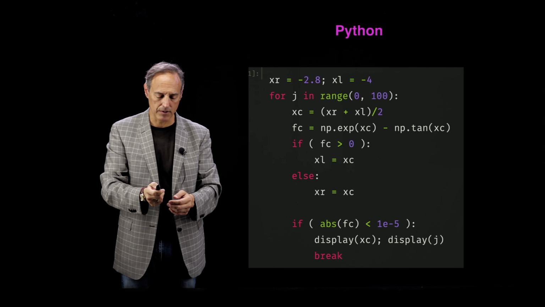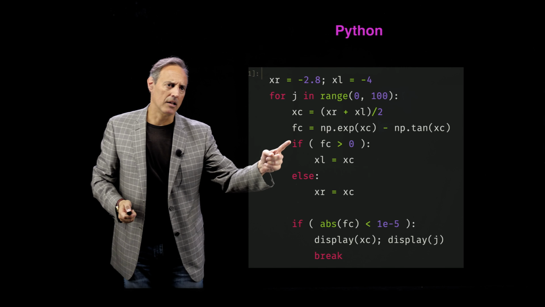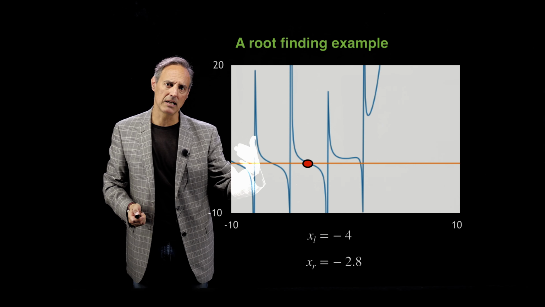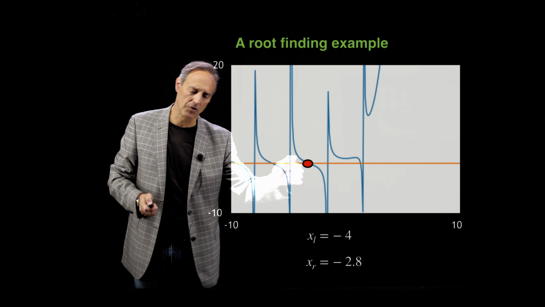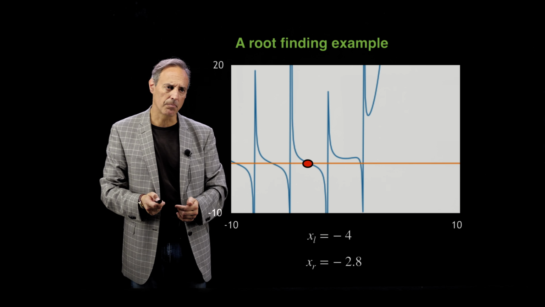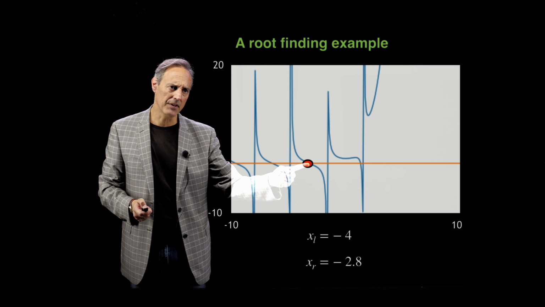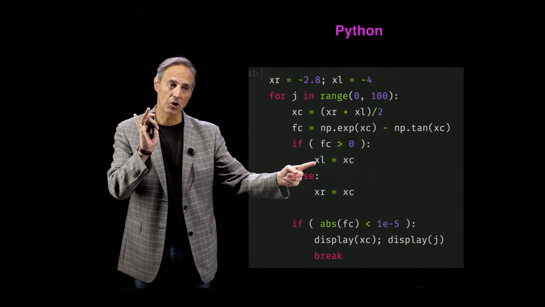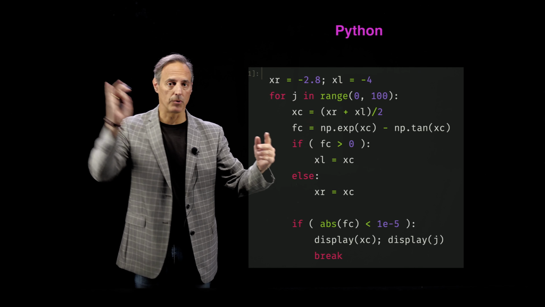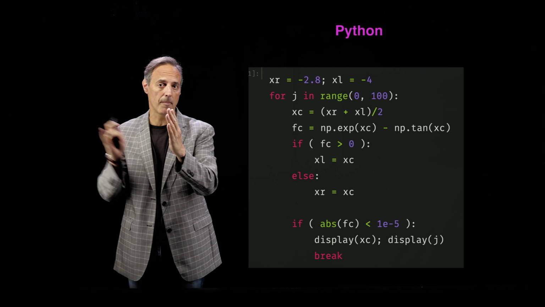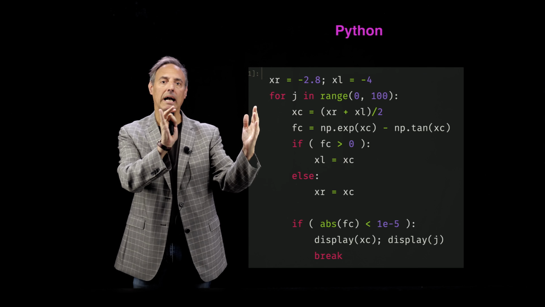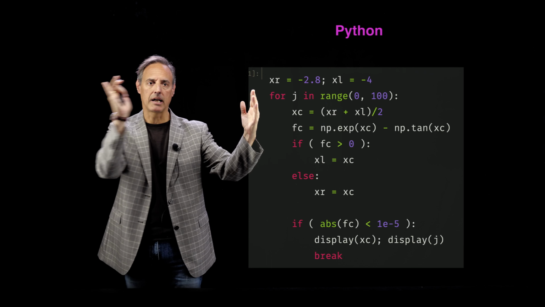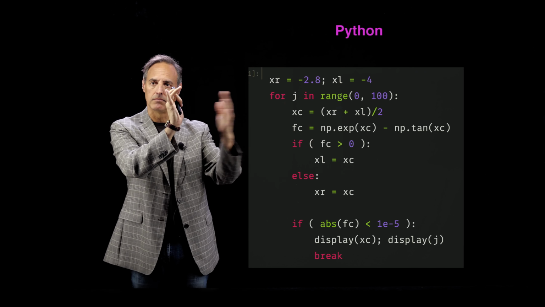Let me go back and show this. If I go halfway between and I'm still positive, it means I'm still over on this side. I'm trying to get down to the negative side. So if this is positive, then the left point is now what my center point was. It means I haven't gone below, so the center point I picked is going to be my new bracket, my left point. I took the interval, cut it in half, and it's over here now because this is still positive.